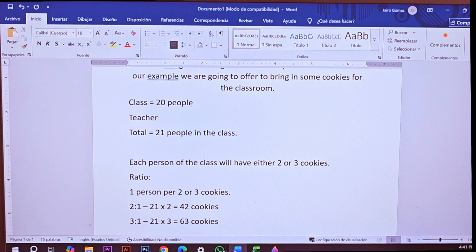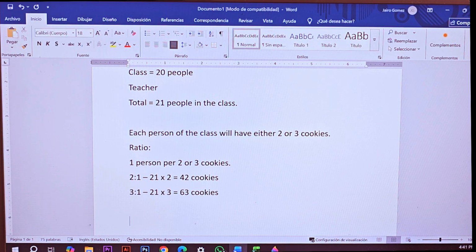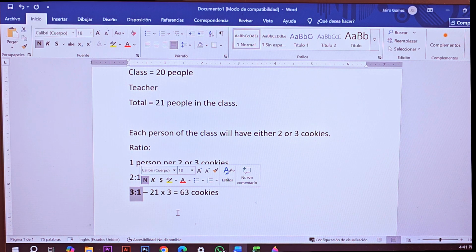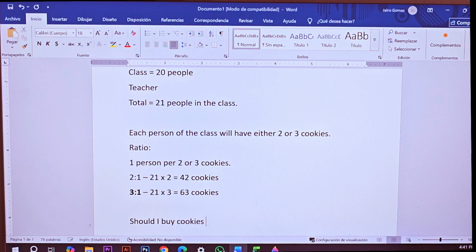So, given that you want to have more cookies than what you think you'll need, you decide to go for the ratio of 3 to 1. So in this case, you selected this 3 to 1 ratio. So you went online and the next decision I need to make is, should I buy cookies at the grocery store?